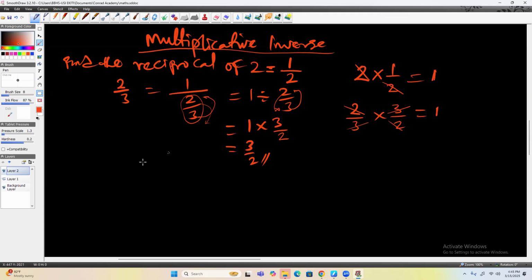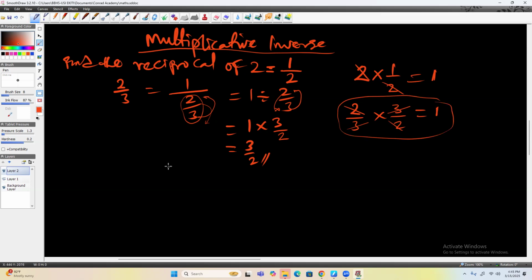So that is it for the multiplicative inverse. They just give you unity whenever that number is being multiplied by its multiplicative inverse.